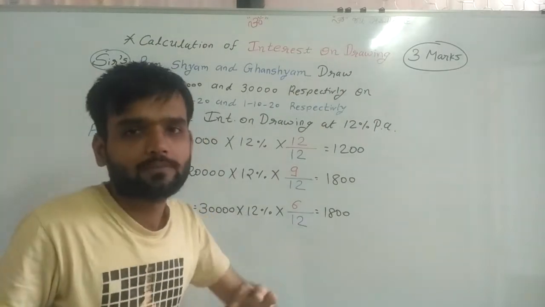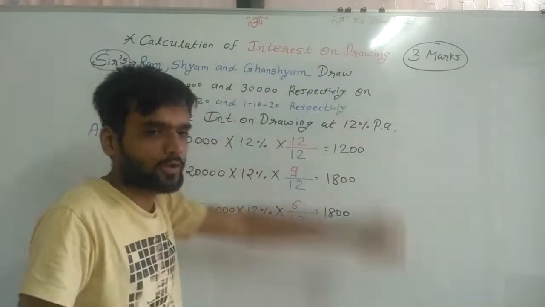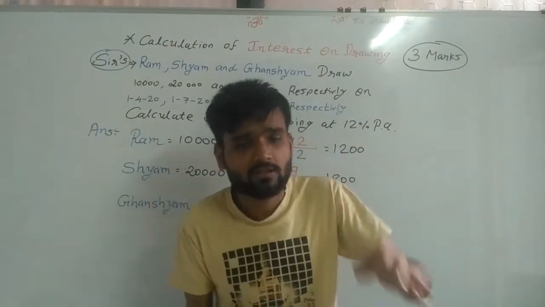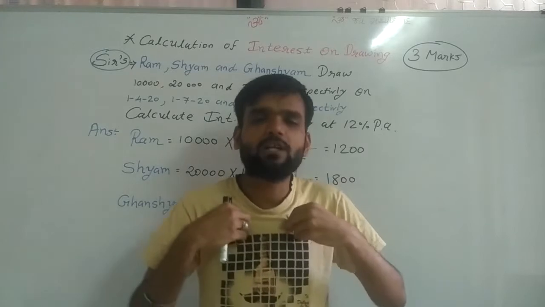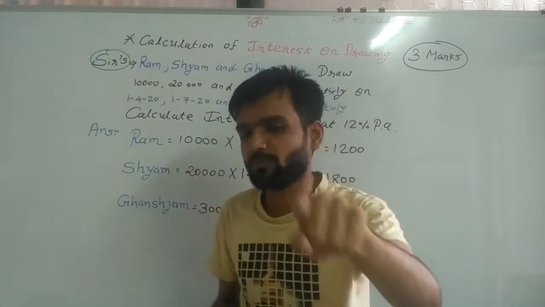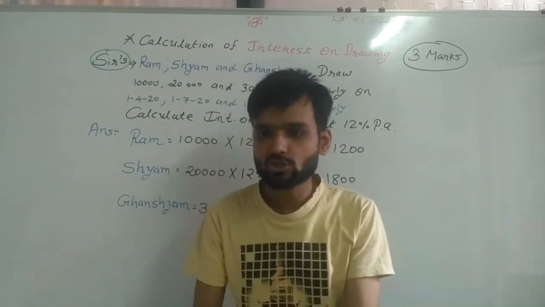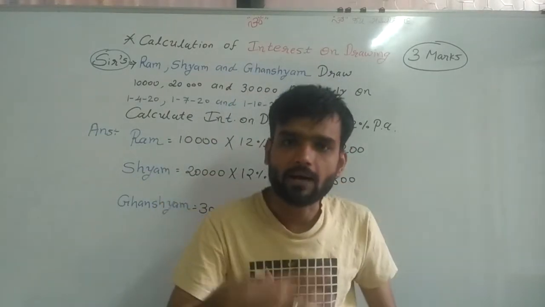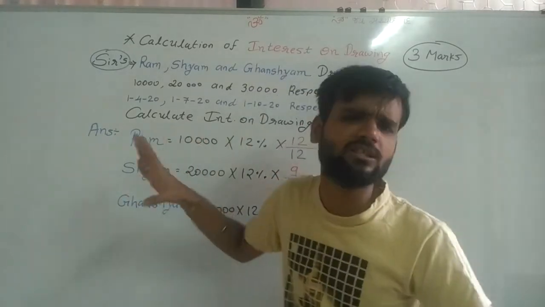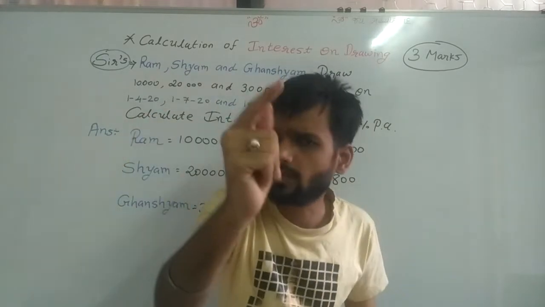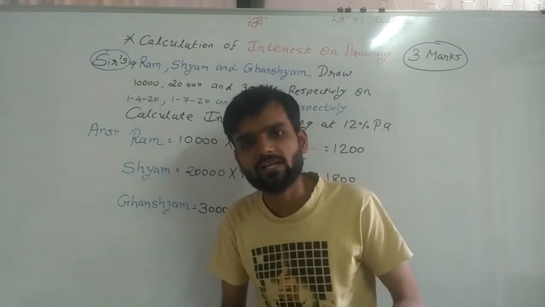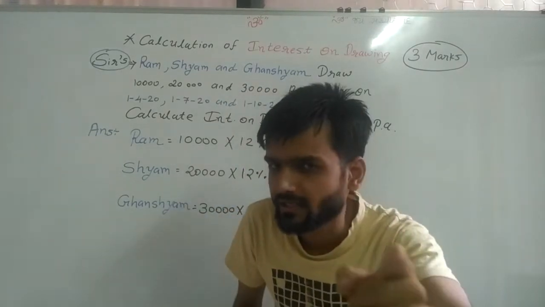So first of all I have to calculate interest on drawing, and as per my nature, I always first explain my own sum, then after that we do the sum from the textbook. To understand the textbook sum, my sum is very important. It may not be asked in your examination, but that's why we are starting with my sum.